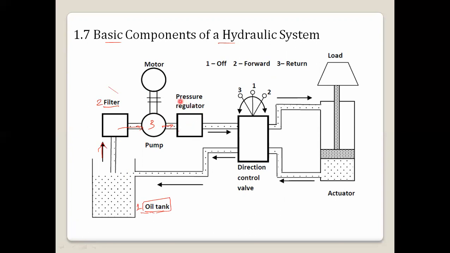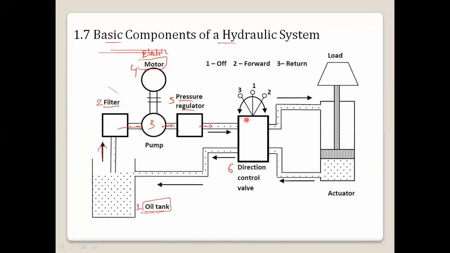Here the pressure regulator is used to control the pressure of the system. Then there is the electric motor, which runs the pump. Oil from the pump goes to the direction control valve.